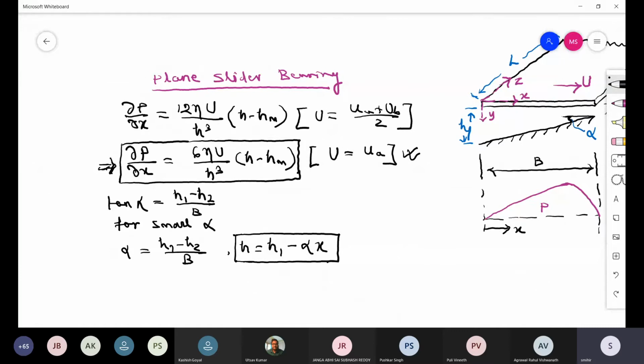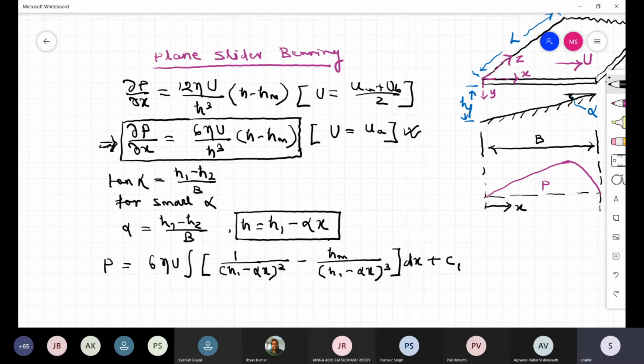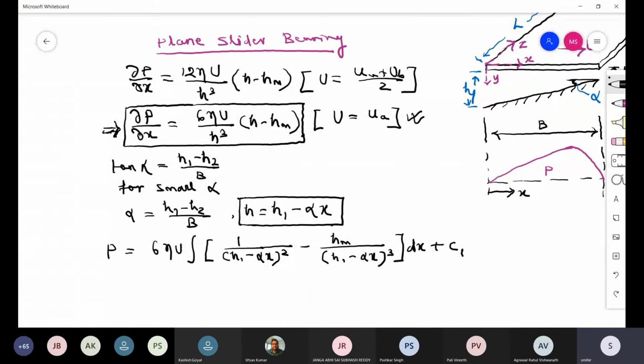So now you integrate the above equation, you will get P equal to... So just integrate by substituting H equal to H1 minus alpha X, integrate the above equation and write it in the integration form itself, you will find this equation.